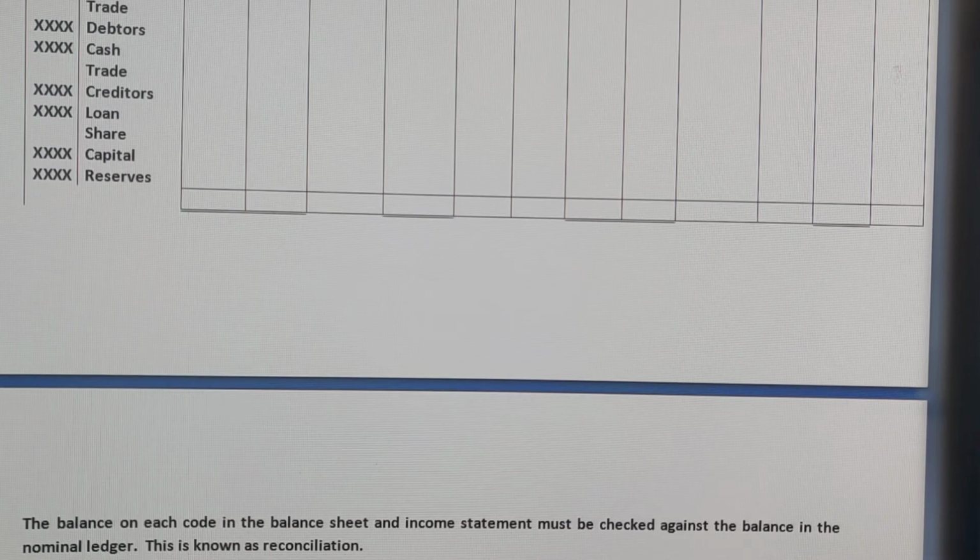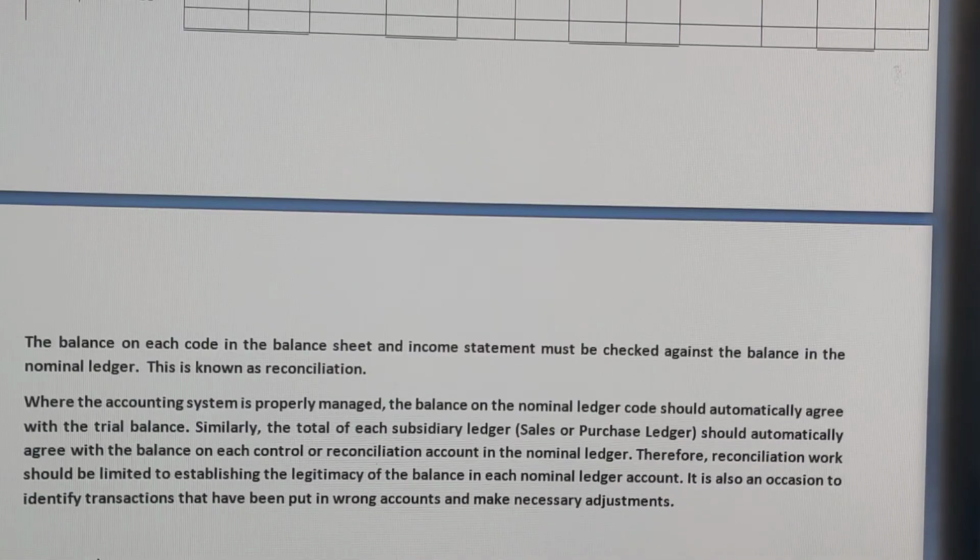Now, the balance on each code in the balance sheet and income statement must be checked against the balance in the nominal ledger. This is known as reconciliation.